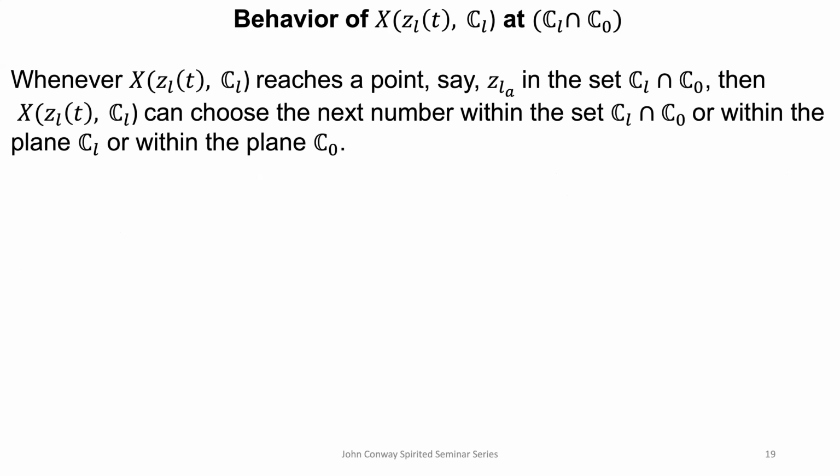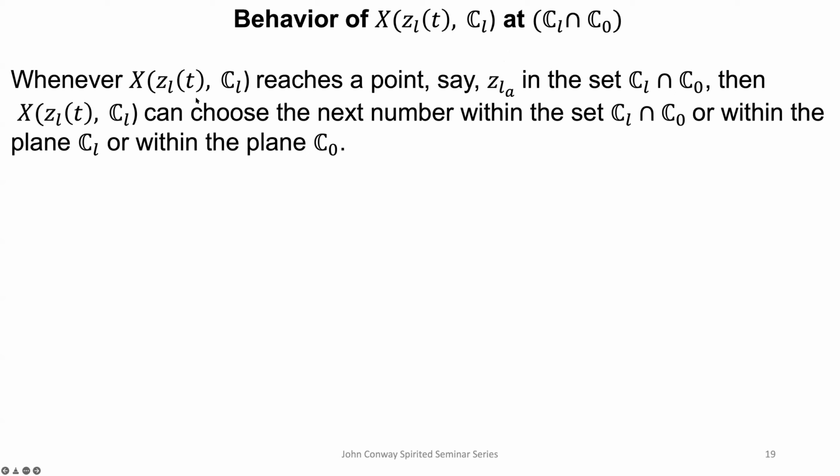To understand that, let us see the behavior of X of ZLT around the intersection, as you asked just now. CL intersection C0: C0 is already orthogonal to the bundle, and CL is an arbitrarily picked bundle. This behavior is essential for our understanding of the multi-level contour.